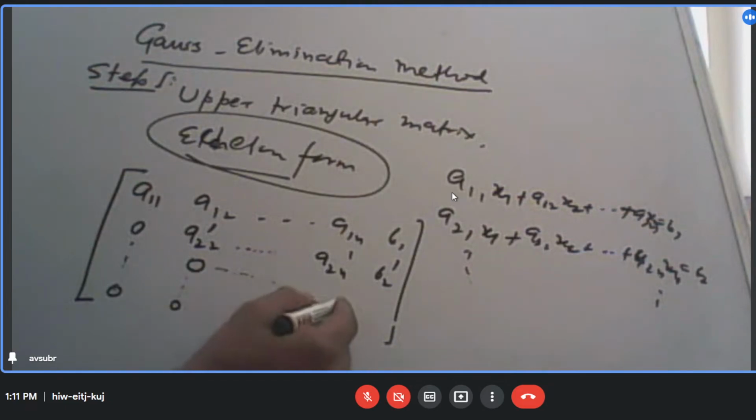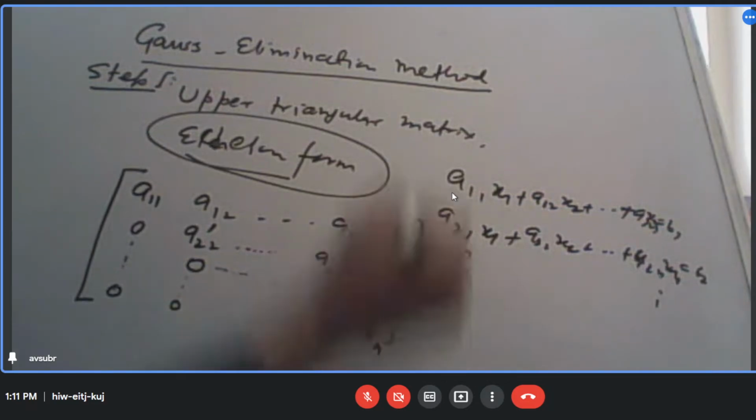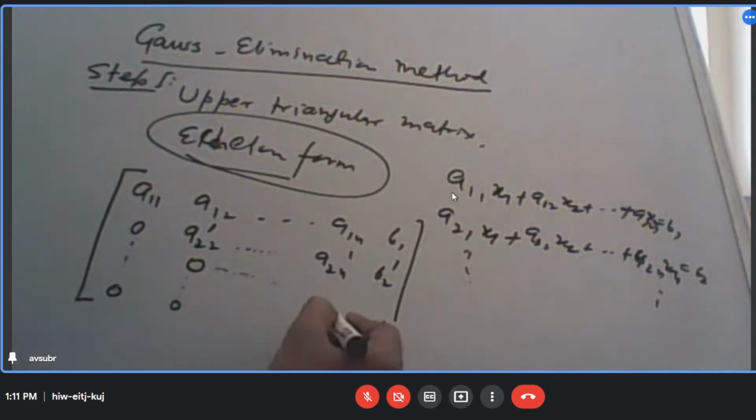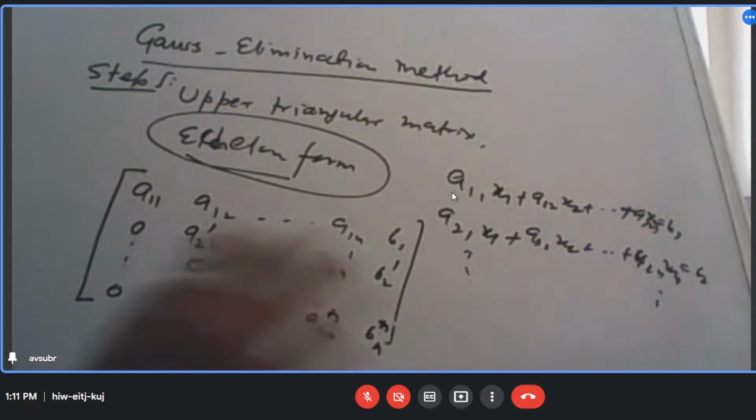So in the last row, what I will be left with is a-n-n dash, and let us say this is bn dash. I have written dash, you can write it as n, or n minus 1, whatever it will be.